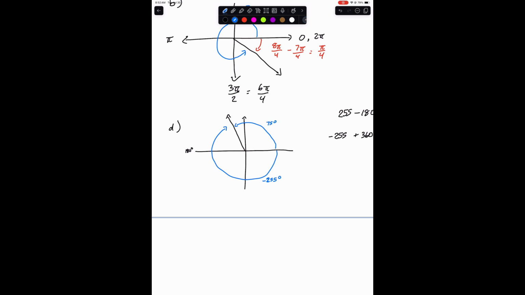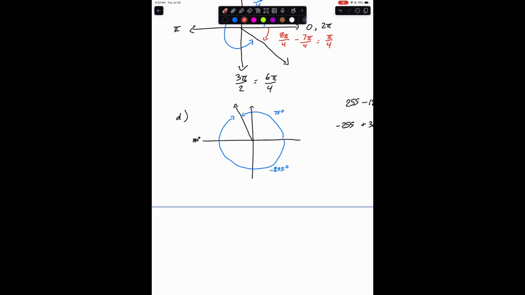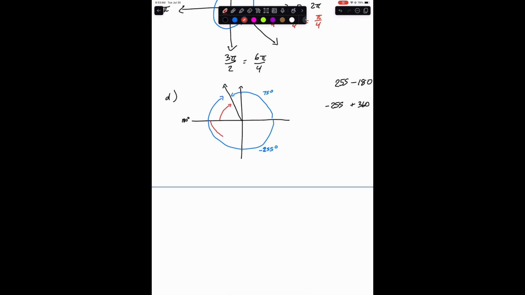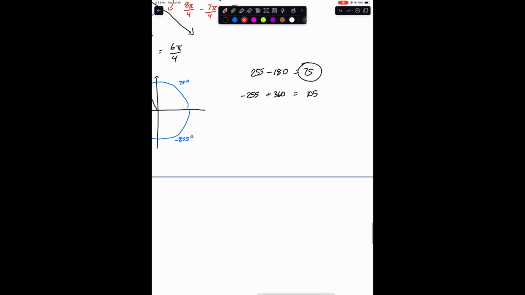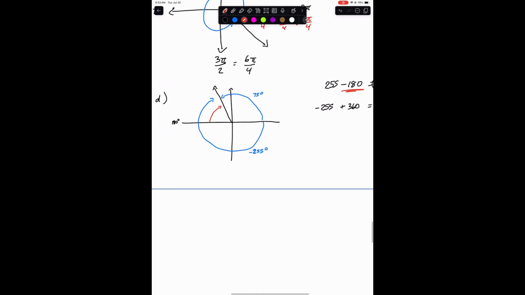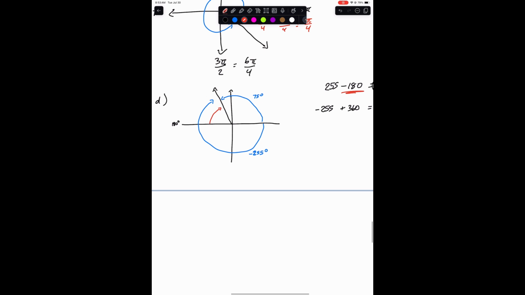Okay. Either way, find this angle. You know that the distance from here to here is 180. So actually, this equation will work quite well again: 255 minus 180, and that's your reference angle, the 75. Or, this is not 75, this is 105, sorry.